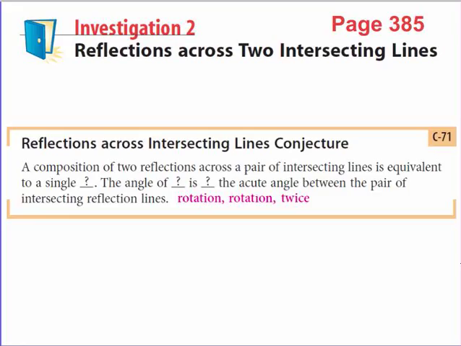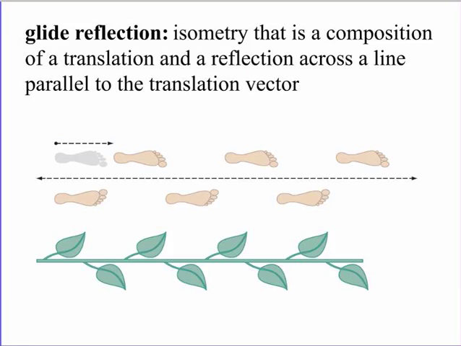Okay, there's one other definition that we're going to talk about today. Okay, and that's what is known as a glide reflection. And a glide reflection, if you look at that, those are examples of a glide reflection. It's an isometry that is a composition of a translation and a reflection across a line parallel to the translation vector.